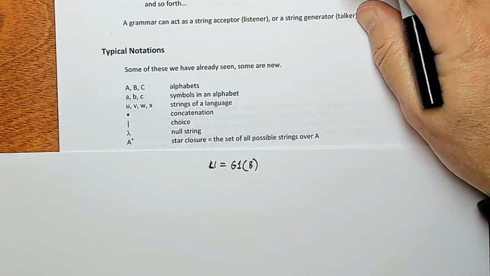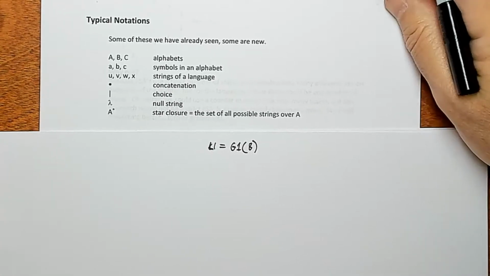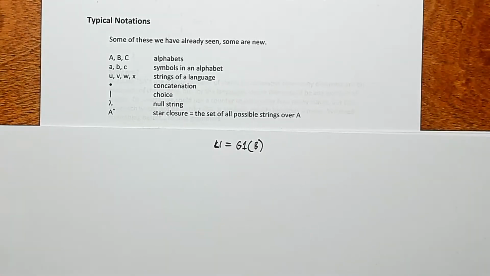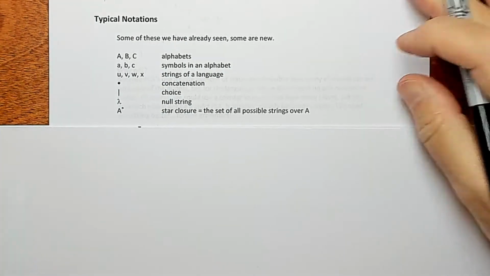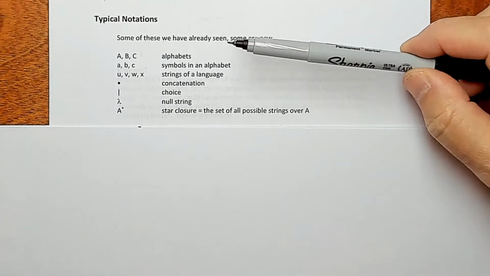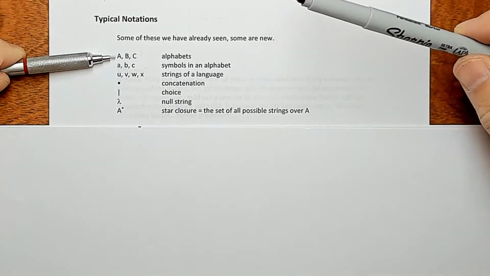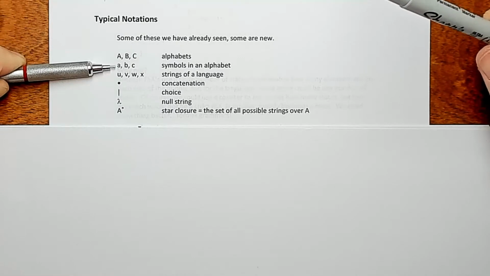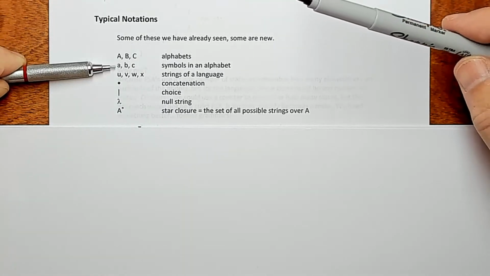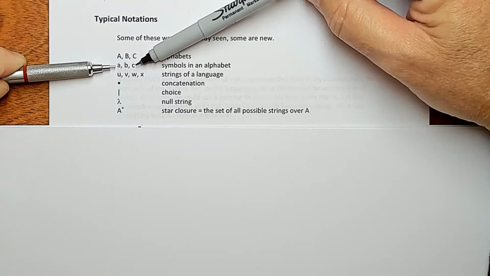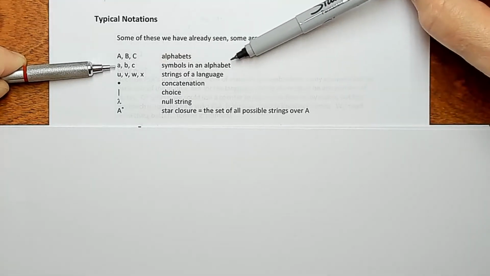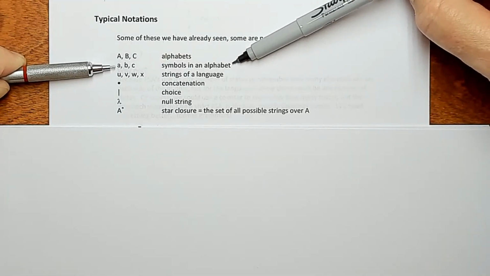So here are some typical notations, some of which we've seen already, and some of which are new. We typically use capital letters to indicate alphabets. We use lowercase letters at the beginning of the regular alphabet to indicate symbols in those alphabets.